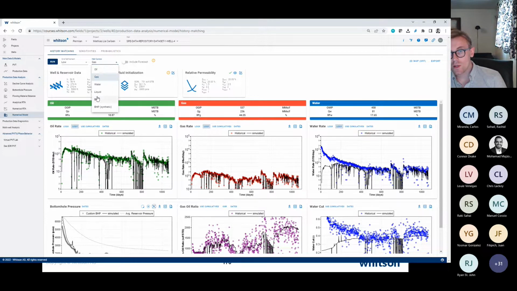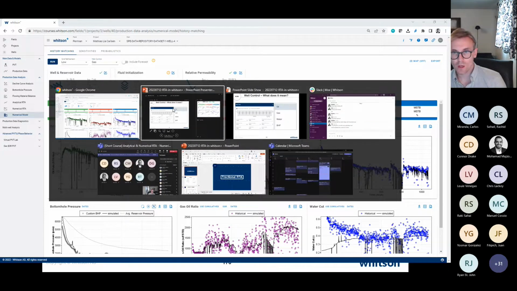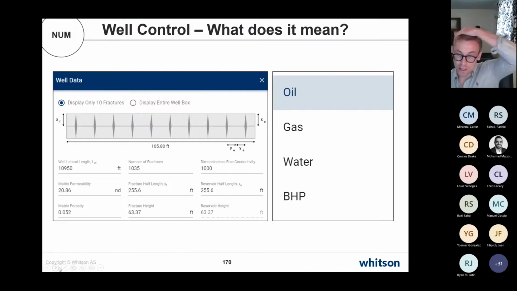Here, there's also a liquid option. That means that you can just say that I want to honor the total oil and water rate in my history match, and not only one of the phases at surface. So that's something you can pick, even for a given realization, which ones you would like to control it at.